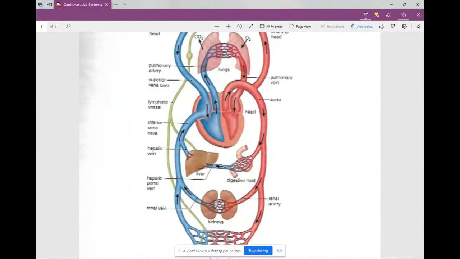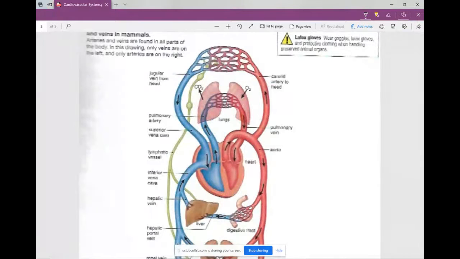All right, so here's a nice diagram showing everything again. Blood entering the right atrium from the vena cava, right atrium into the right ventricle, to the pulmonary trunk, to the pulmonary arteries, into the lungs, across the capillaries, out of the lungs, into the pulmonary veins, into the left atrium, into the left ventricle, pumping out to the aorta.